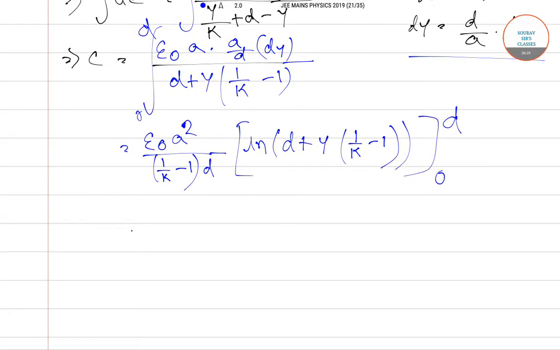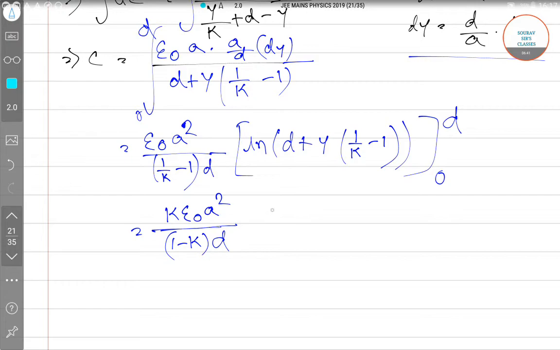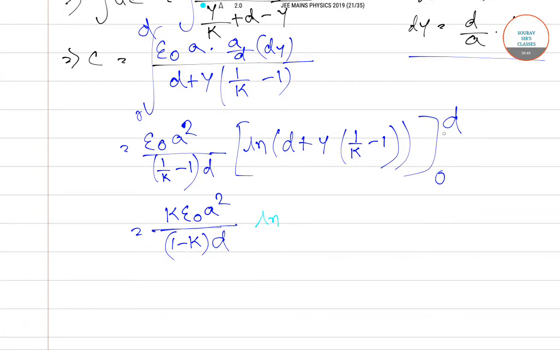So we can write k epsilon 0 a square divided by 1 minus k into d, into ln of d plus d into 1 by k minus 1, and then if we put 0, log of 1 is 0, and this is divided by d.